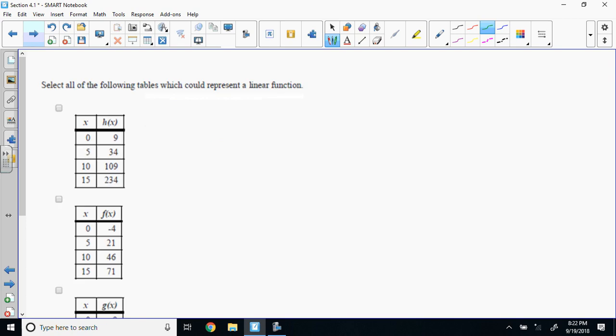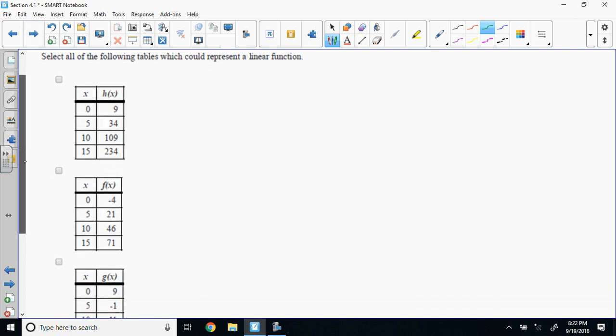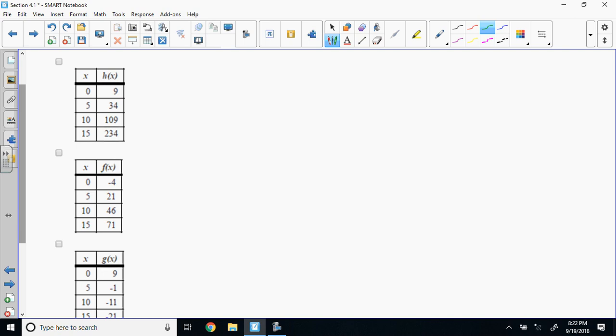Select all the tables which could represent a linear function. Well, first off, y'all have already told me what it takes to be a linear function. What is it? Constant rate of change. So, guys, look. I'm going to go change in x, change in what? So I'm going to go 5. This is 5, right? That ain't constant.